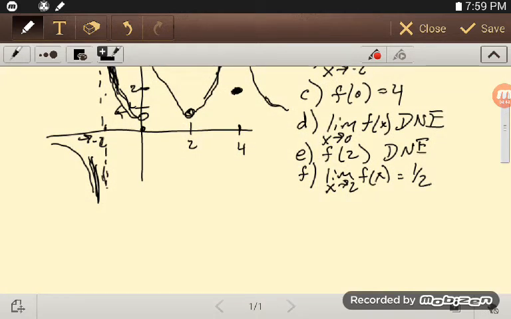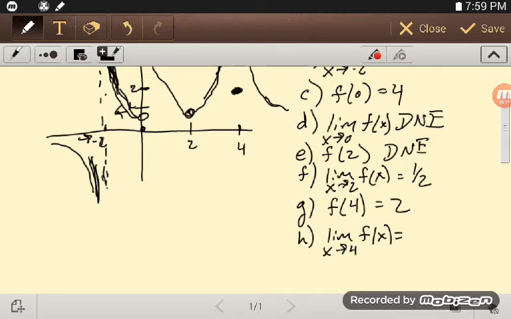And G, f of 4, that appears to be 2. I can still see that picture right there. And then finally, the limit as x goes to 4 of f of x. Well, again, that's that idiom.